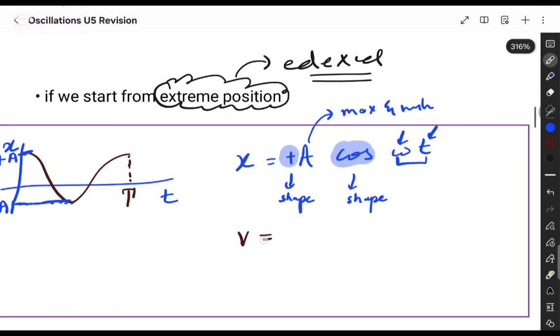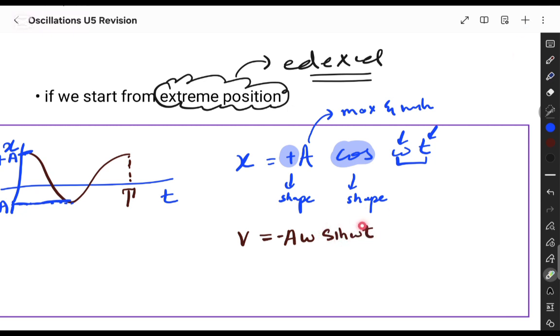And then if you differentiate this entire expression, you get A omega minus sine omega t. We're differentiating with respect to t, so t is not going to have anything that's going to come here. It's just going to be omega that's going to come here. And then cos is going to become minus sine omega t.